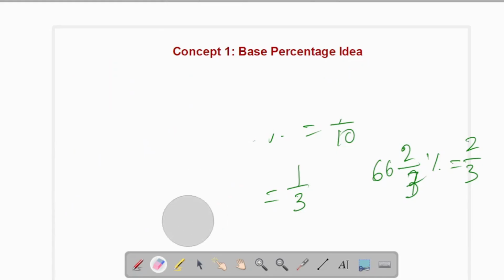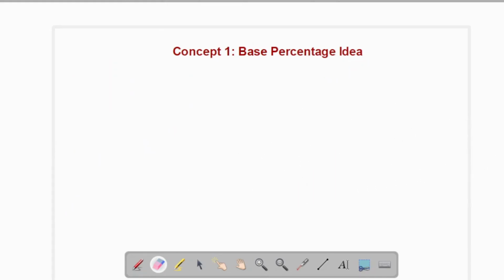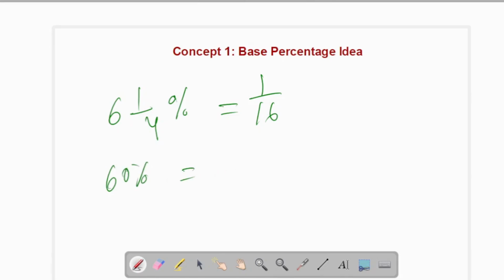Like 6 1 by 4% is actually 1 by 16. And 60% is actually 3 by 5. If you can remember these fractions, it will be much easier for you to solve any problem.